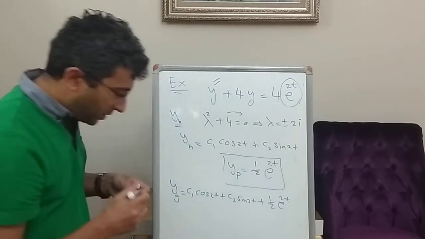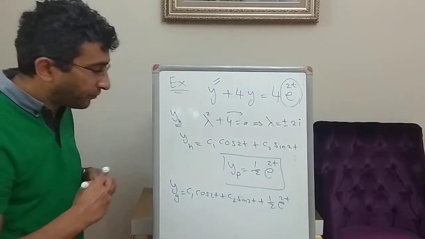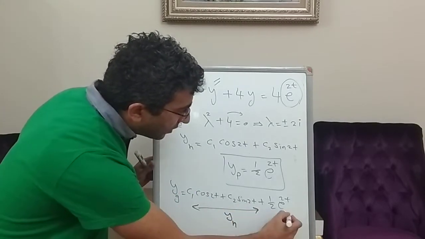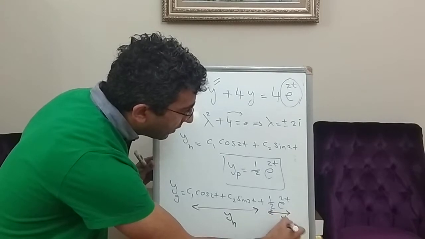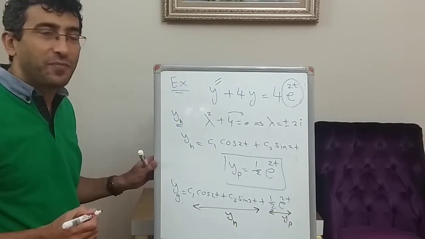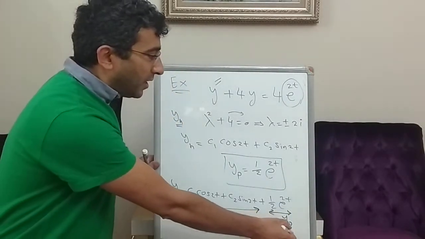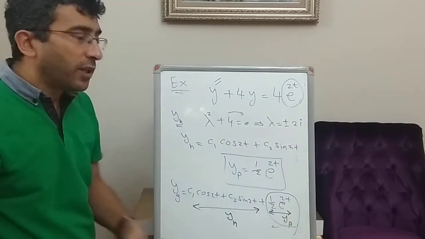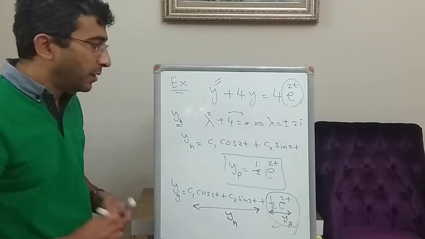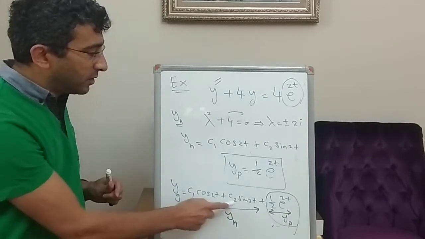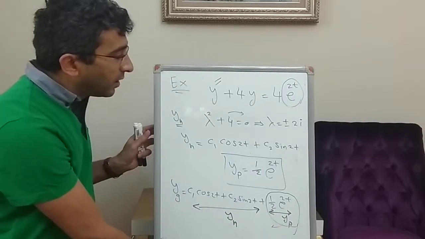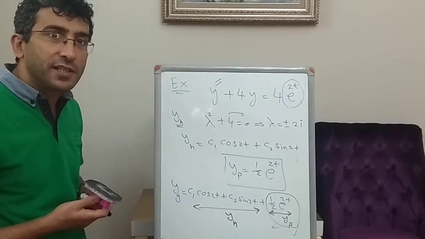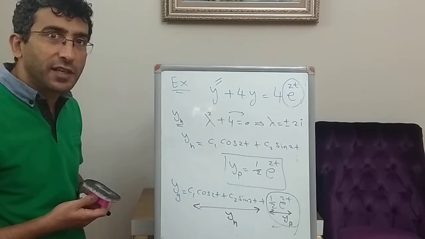So this part from here to here is y homogeneous. This part from here to here is y particular. Okay, so you see we find y particular. Y particular doesn't depend on the initial condition. Okay, c1 and c2 can be found from the initial condition. Okay, I hope that this example is clear.